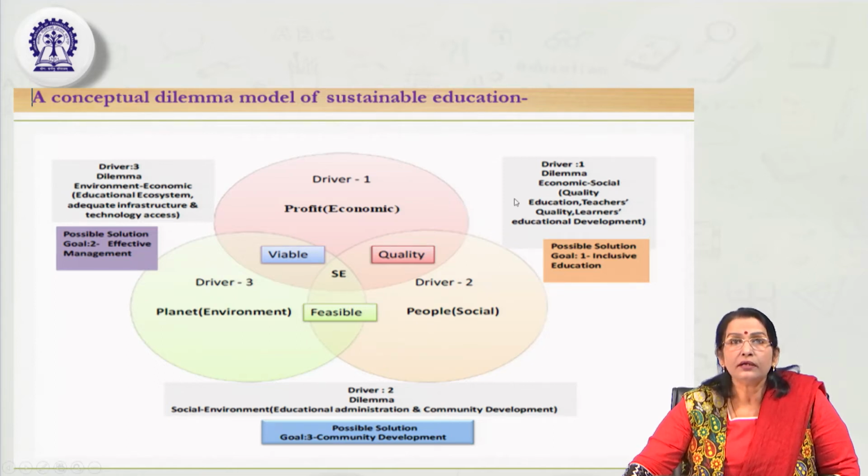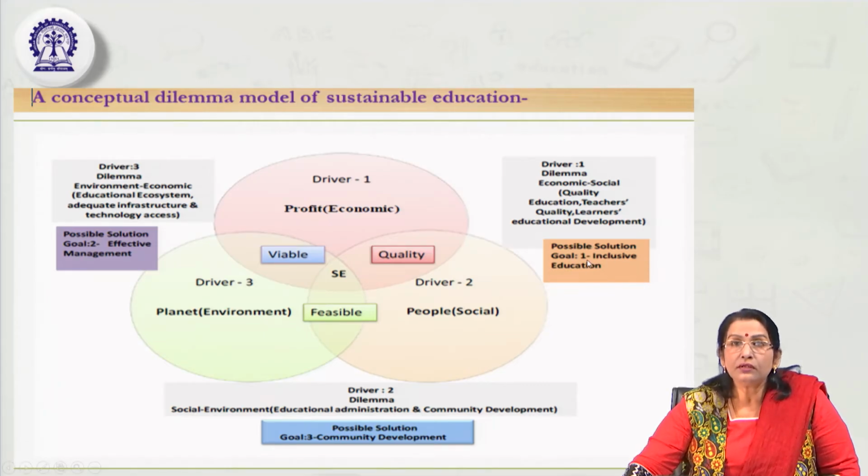So, when these two drivers interact, these dilemmas, doubts, challenges or issues can come up: the quality of education, teachers' quality, and the learners' educational level, to what extent learners are being benefited, or their behavioral, cognitive and emotional developments are taking place. Here, as we have discussed, the possible solution is inclusive education.